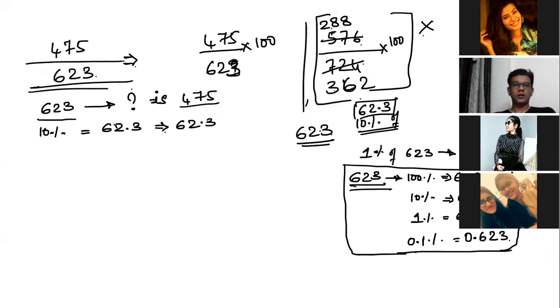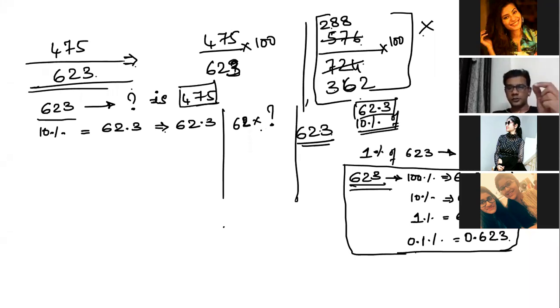Now, what are you searching for? You're searching for 475. What do you have? You have 62. Can you now tell me 62 into what gives you a value closer to 475 but not greater than that? Listen carefully. 62 into what value can give me a value closer to 475 but not greater than that?